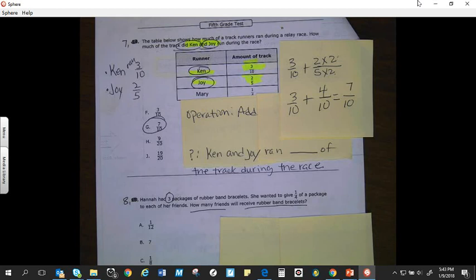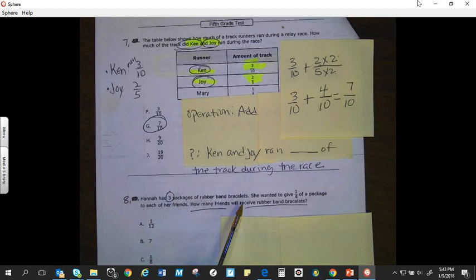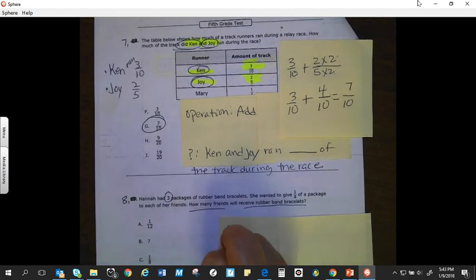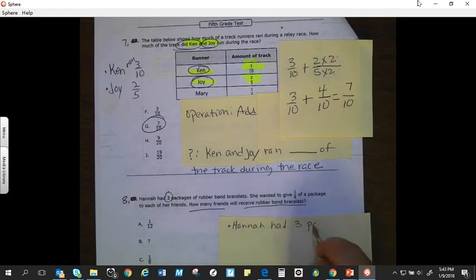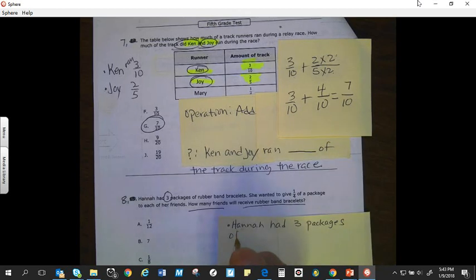All right, number 8. Hannah had 3 packages of rubber band bracelets. She wanted to give 1/4 of a package to each of her friends. How many friends will receive their rubber band bracelet? Okay, so we know that Hannah had 3 packages of rubber band bracelets.